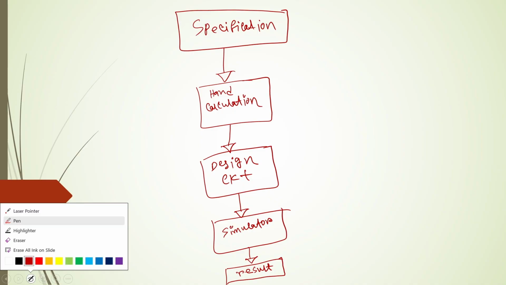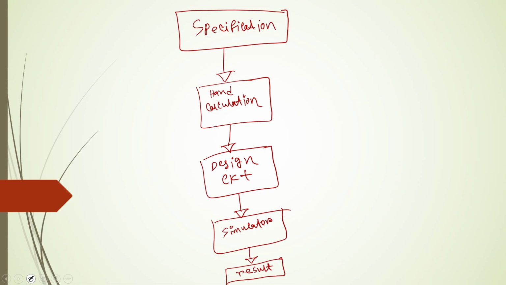But the problem is, whenever we use the square law, we are using hand calculation with some equations. Those equations come from the square law. There are lots of equations we actually use.